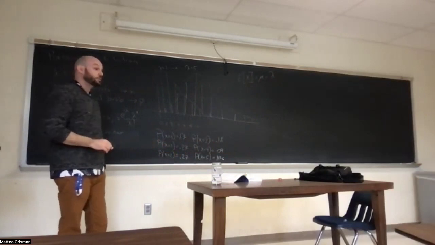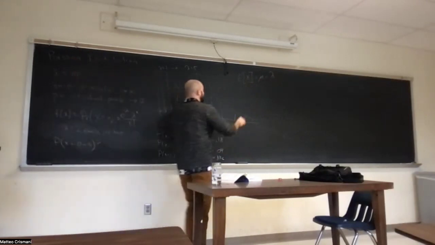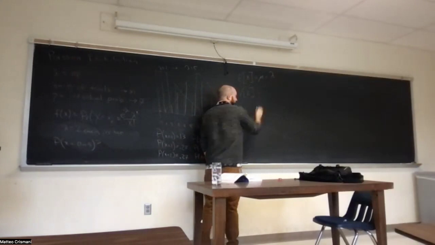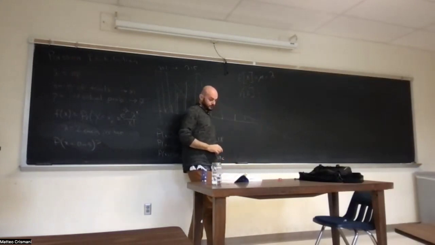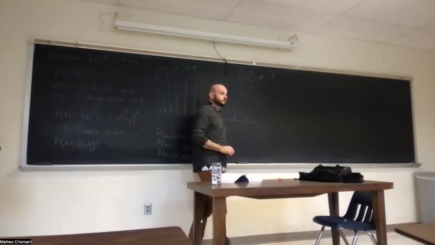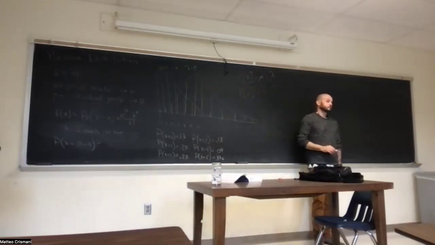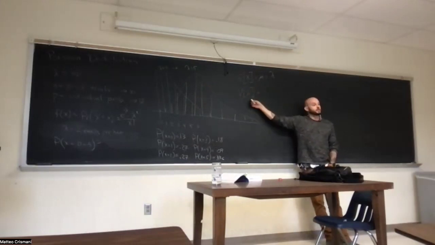The Poisson distributions are really cool. But what about this one? What's the variance of x? What does that mean? How much each individual value of x varies from the average. Remember, this is talking about the variance of the distribution.